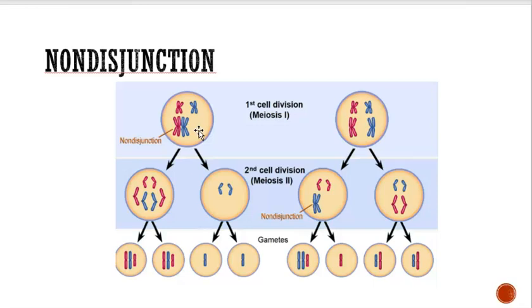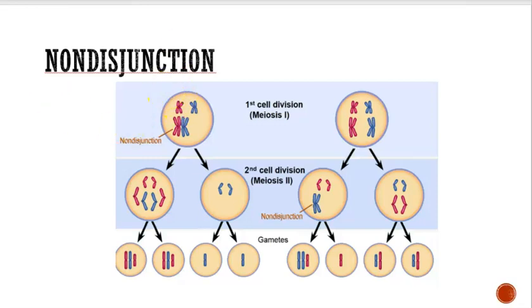Sometimes chromosomes don't always separate out perfectly, and this can lead to what we call trisomies and monosomies. You may have heard of trisomy 21, which is Down syndrome. This can be caused by a process called nondisjunction.